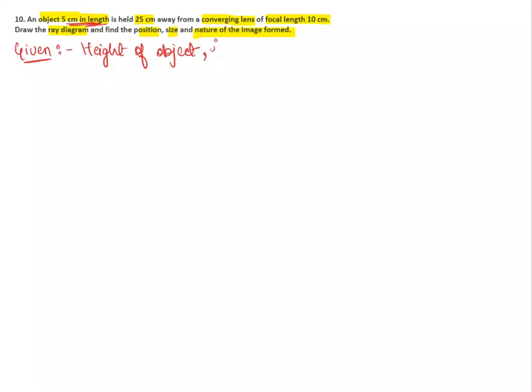Let's write this as HO and the value is 5 centimeter. Next, it is held 25 centimeter away from a converging lens. First of all, what is a converging lens? A converging lens means a convex lens that converges the rays of light when incident on that lens.